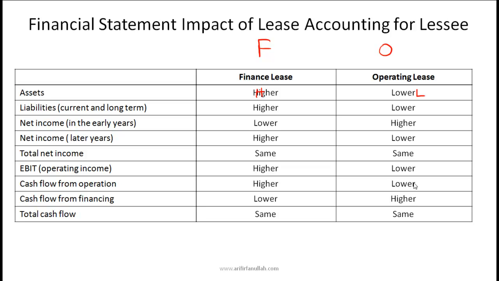So a bigger minus number will mean that CFO is lower for the operating lease, and then for the same reason, the CFF will be shown as higher for the operating lease. And finally, the total cash flow is the same for both companies.